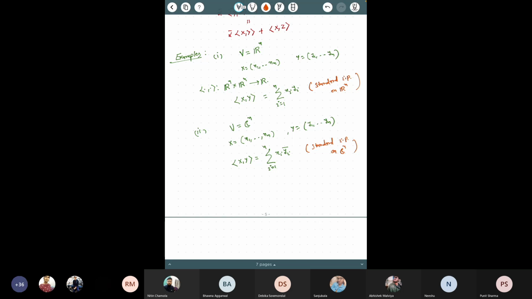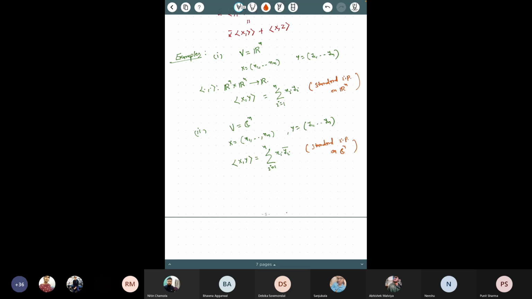So again, we can talk about the length of a matrix, or the angle between 2 matrices. Similarly, if the vector space is the space of functions, we can ask the same question, whether we can talk about the length of a function or the angle between 2 functions, because they can be treated as vectors.